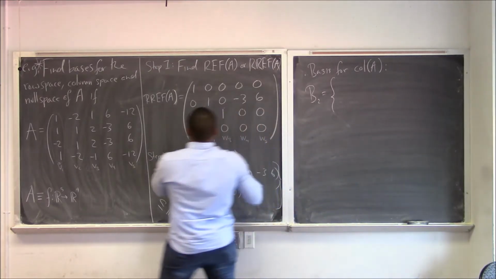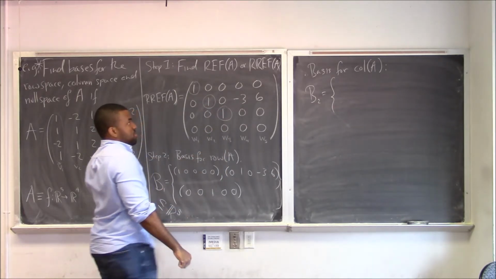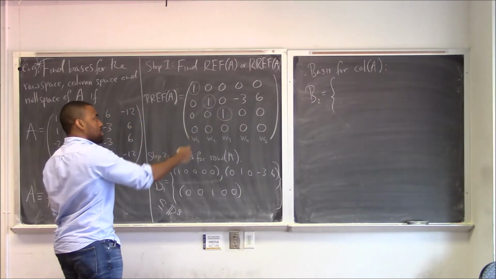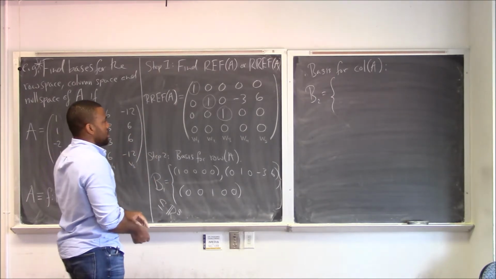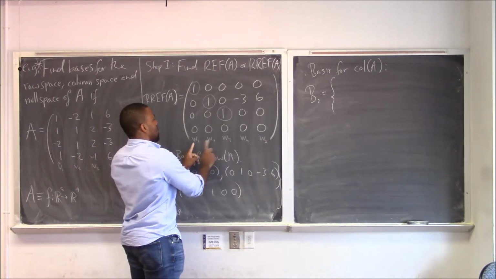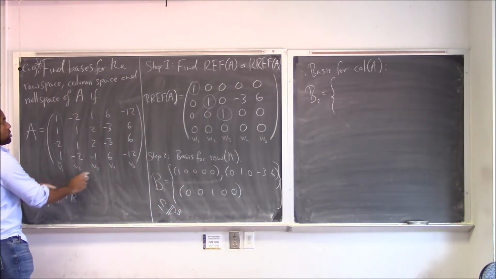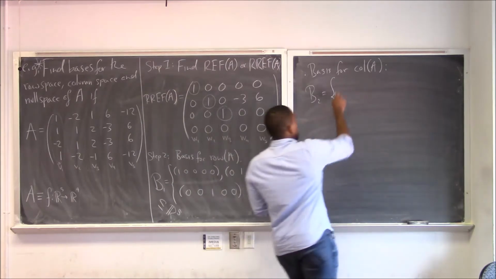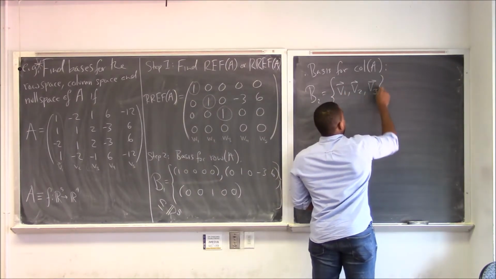So here we can identify who are the guys we want to pick. I want to actually pick the first 3 columns, but I can't pick them from here because doing row operations could change the space that they span. So I want guys that are corresponding to W1, W2, and W3. So I'll take V1, V2, and V3.